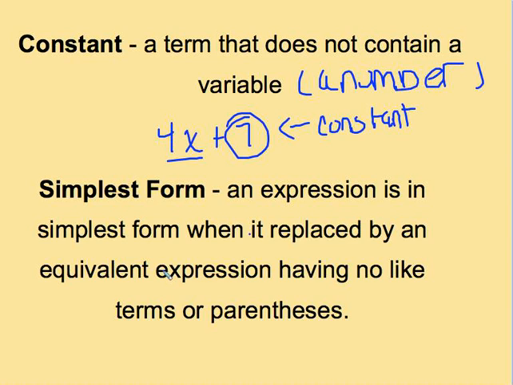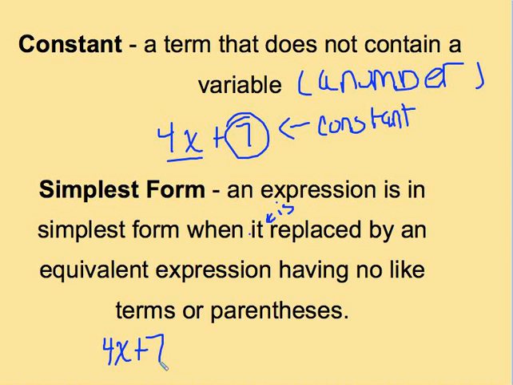Simplest form. An expression is in simplest form when it is replaced by an equivalent expression having no like terms or parentheses. An example of simplest form would be 4x plus 7, because I do not have any like terms.